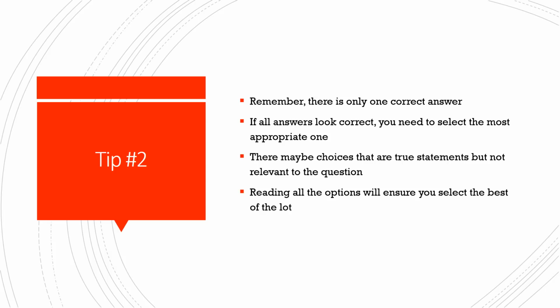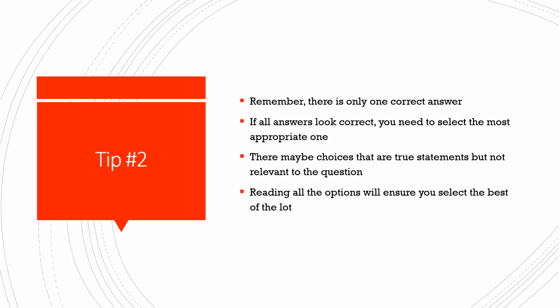So read all the options, try to see if the options are simply true statements but not relevant to the question. And number three, if they are relevant to the question, then try to understand which of those four is going to be the most appropriate step to take, right? Which of those four is going to be the most appropriate option?